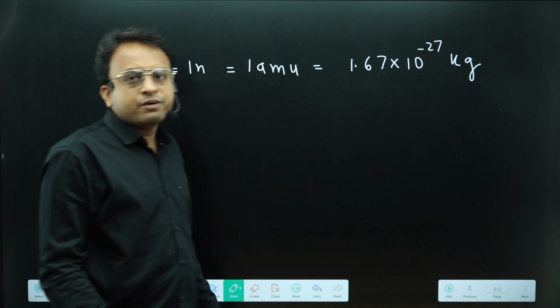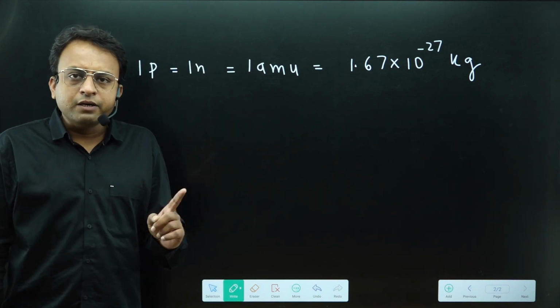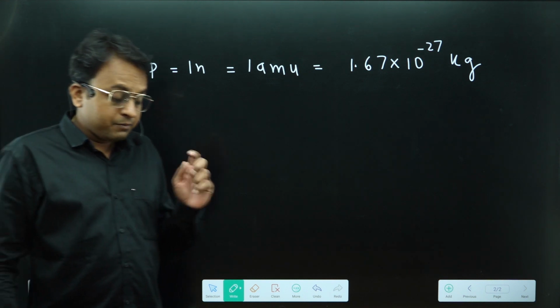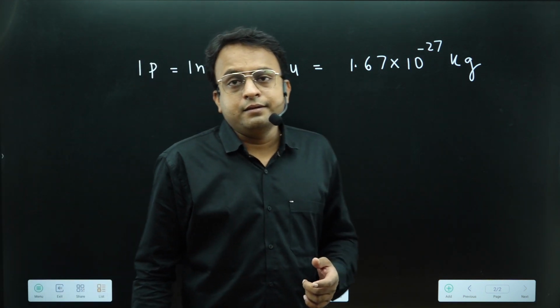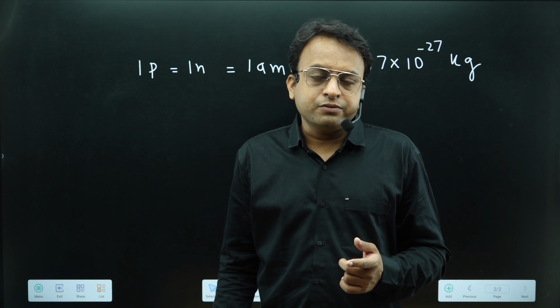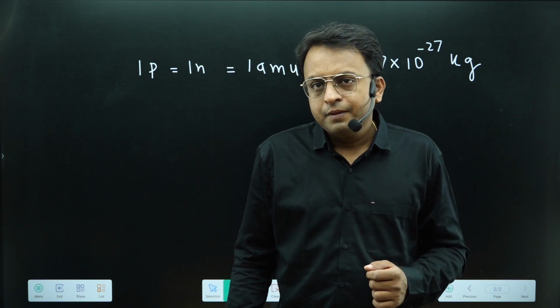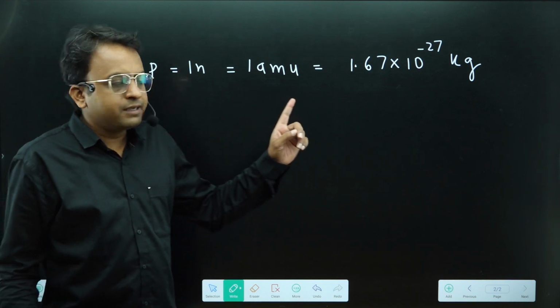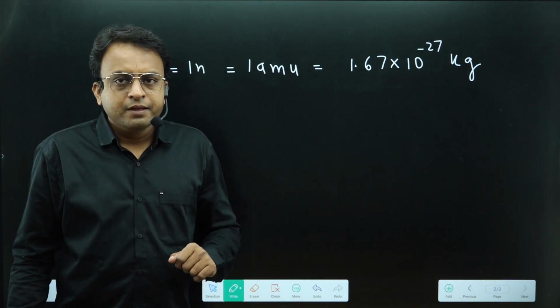I am going to explain why the value of 1 mole is 6.023 into 10 to the power 23. The mass of 1 proton is 1.67 into 10 to the power minus 27 kg.